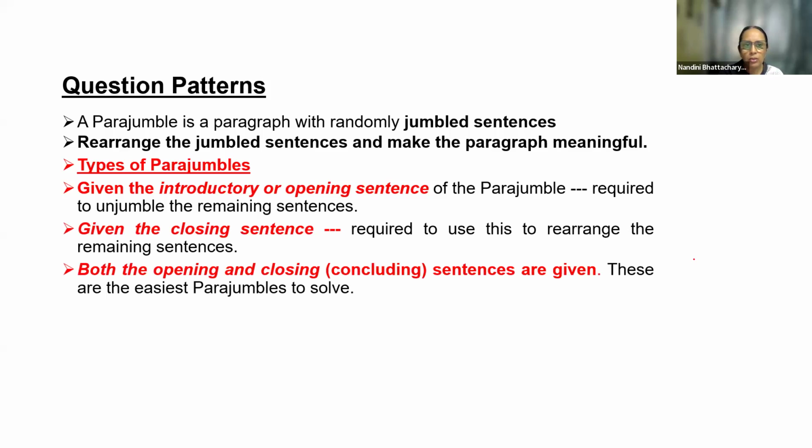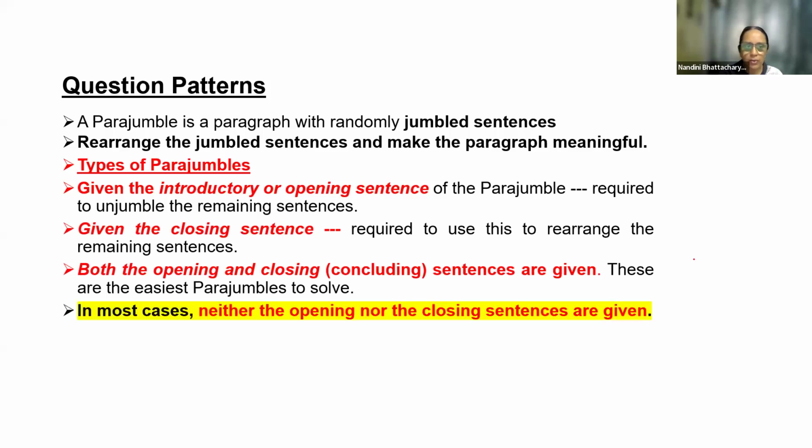Or maybe both the opening and closing sentences are given and the middle sentences are jumbled up. Or, and most of the questions you will get, unfortunately, are where neither opening nor closing sentences are given. Just 4 or 5 options are given and you have to put them in proper order.